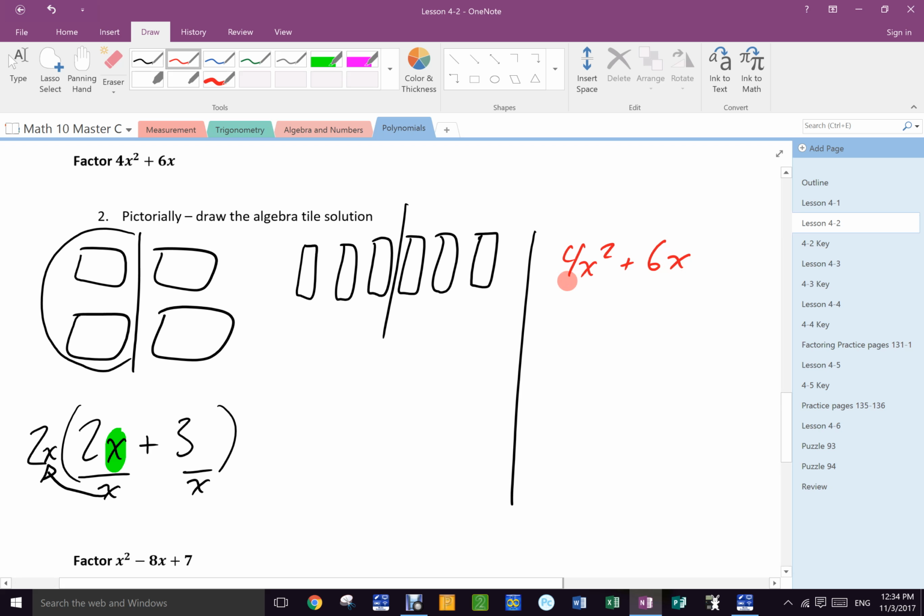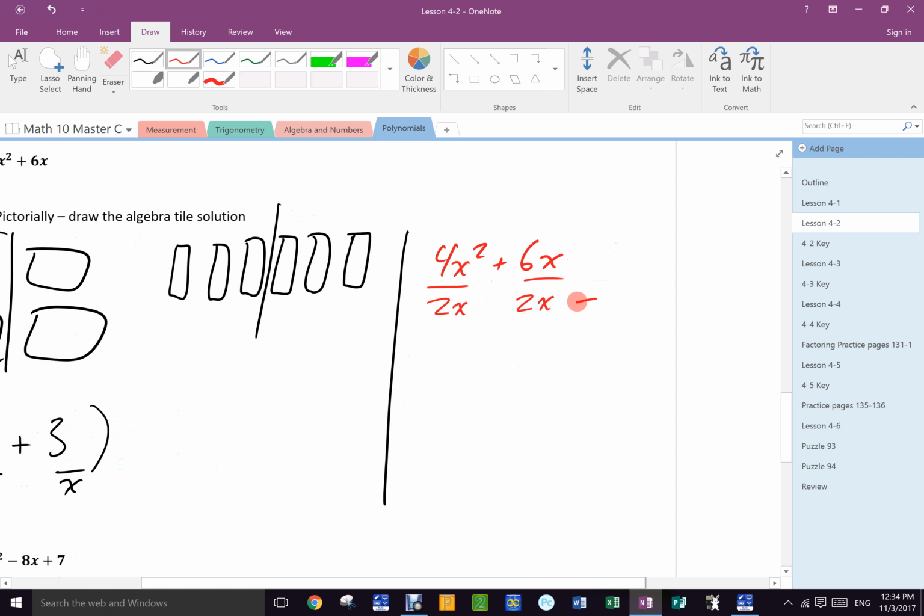So, okay, I got to divide by 2. Awesome. X and x. They both have an x. How many x's are in both of them? One of them. So there is the first thing I did on the last page, right? There is my GCF. And I've divided everything by it.